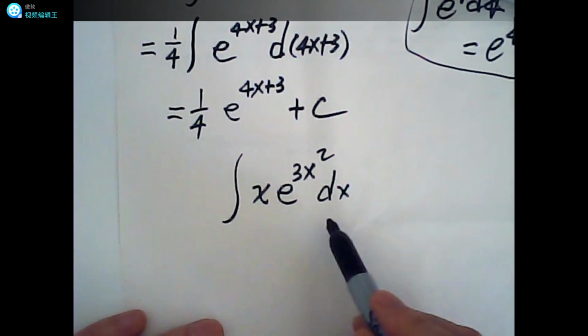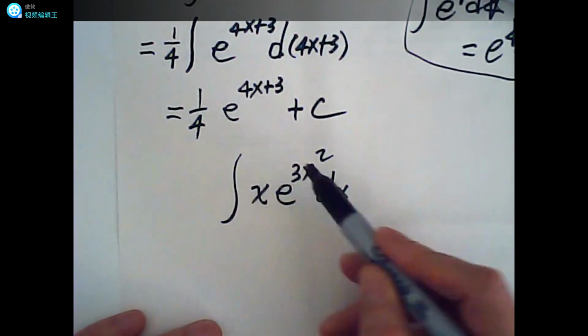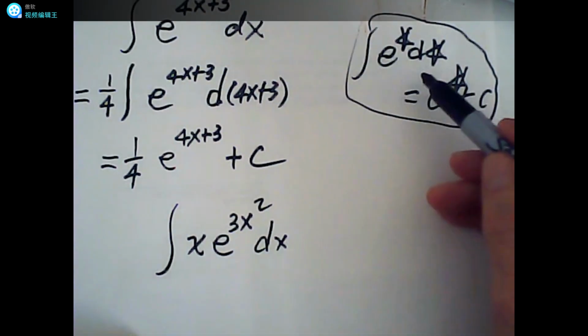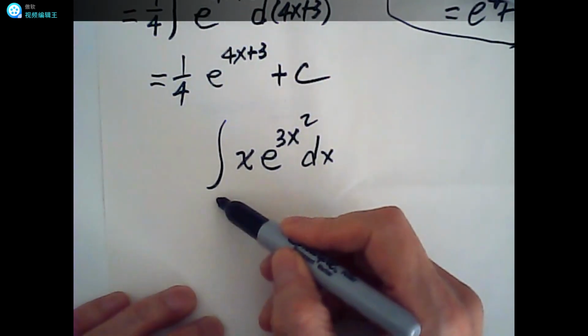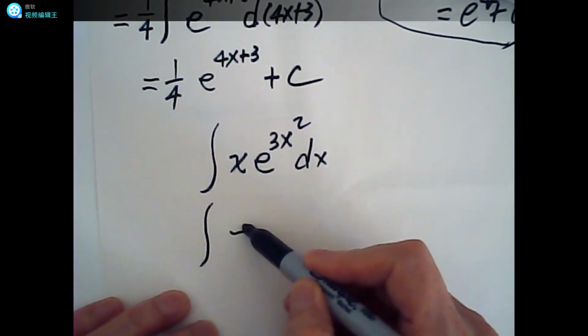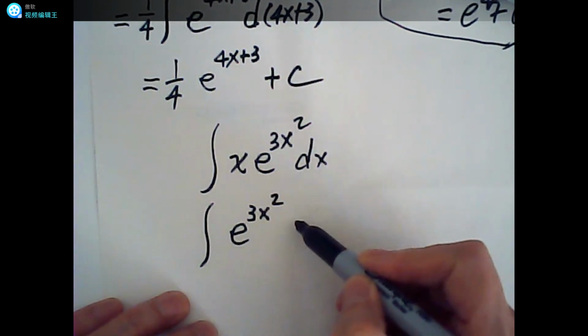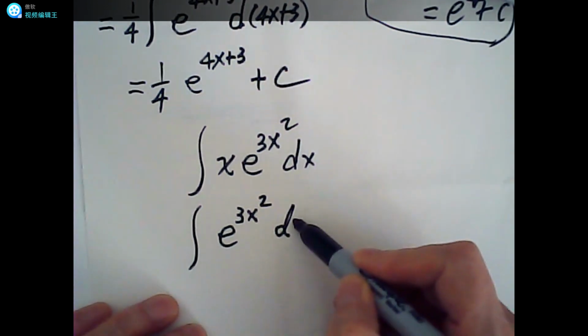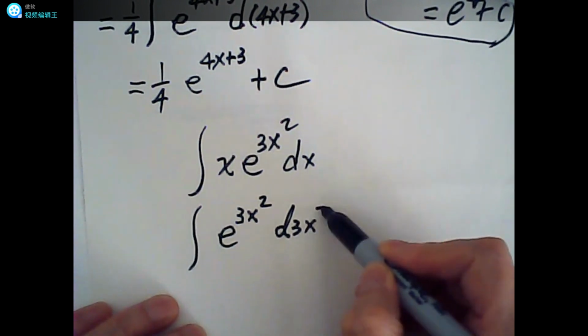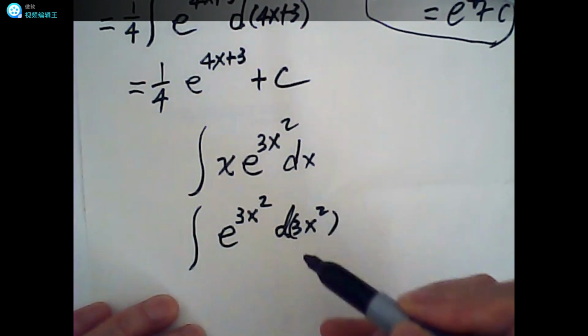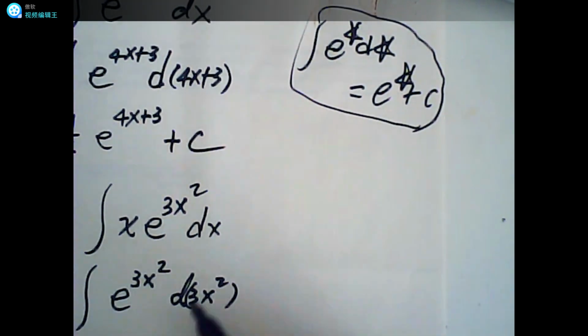Now this integral does not perfectly fit the formula, but I want to write down what I want to do: d(3x squared), right? So this is this.